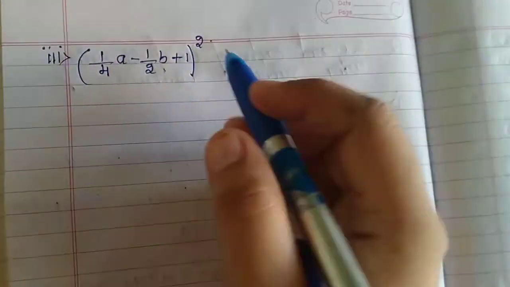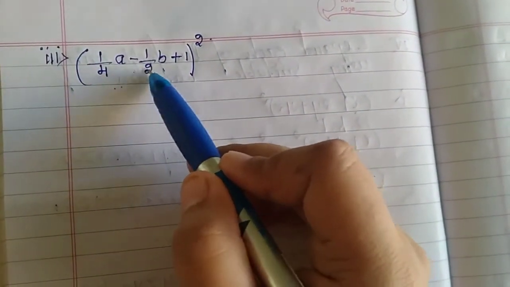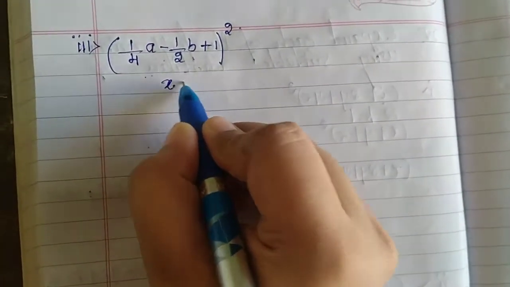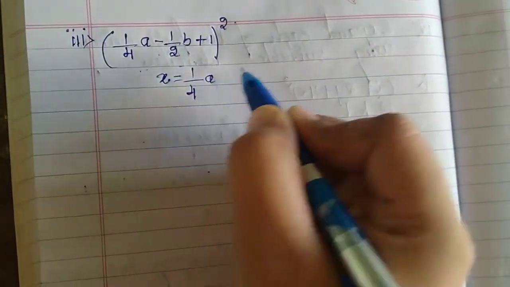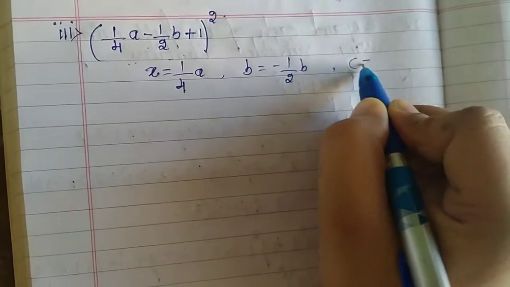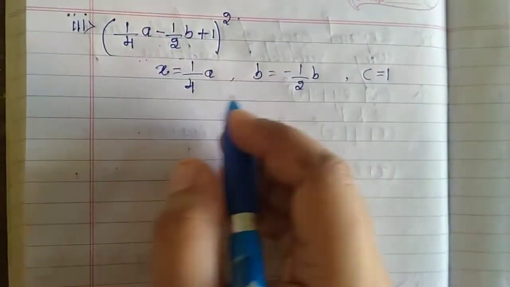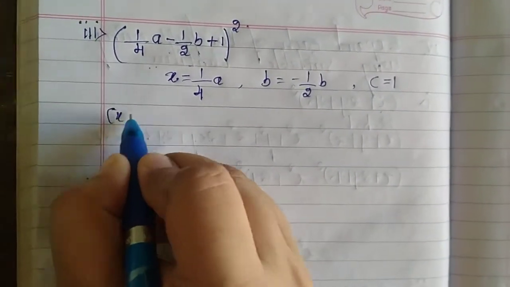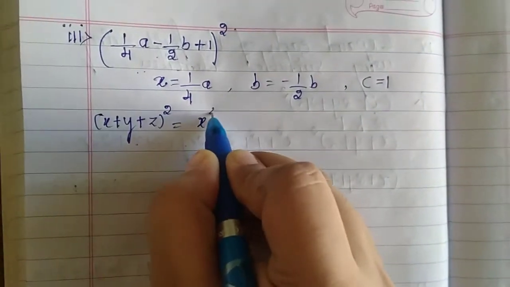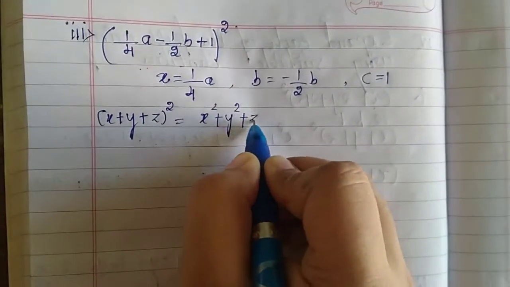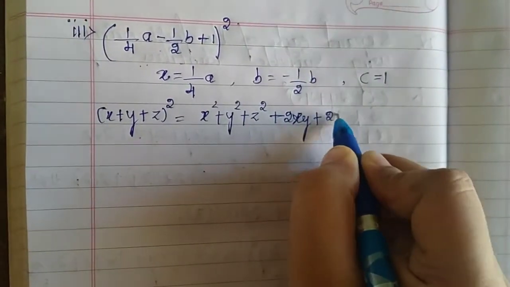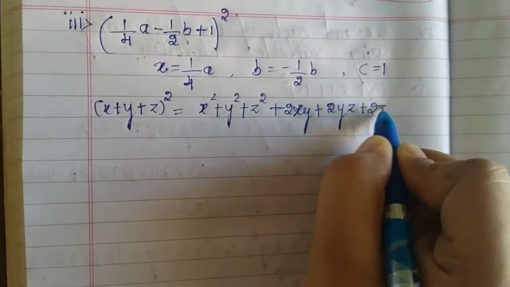This is your third question, that is 1 by 4a minus 1 by 2b plus 1 the whole square. So here also the same thing you have to do. In place of x here 1 by 4a is there, and in place of y minus 1 by 2b, and in place of z here 1. Okay, so again the same identity you have to consider, that is x plus y plus z the whole square will be equal to x square plus y square plus z square plus 2xy plus 2yz plus 2zx.